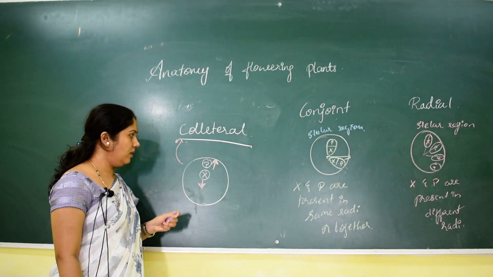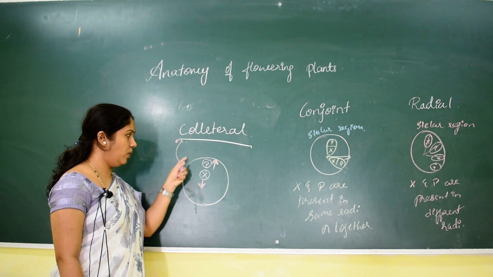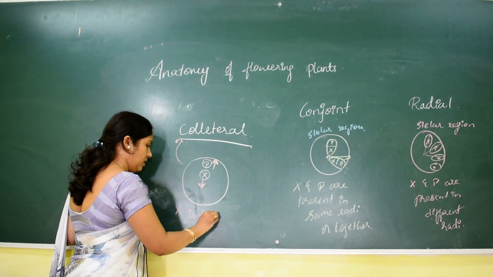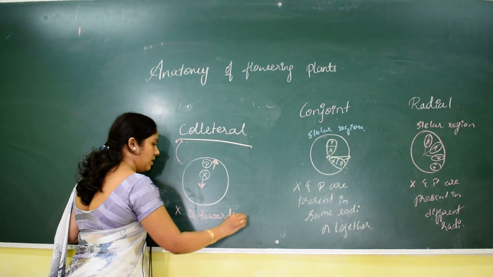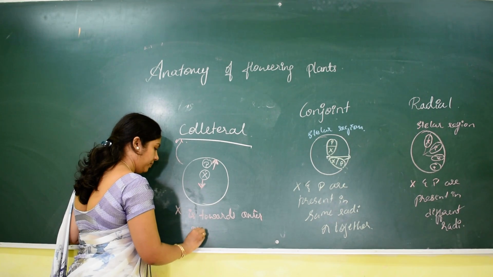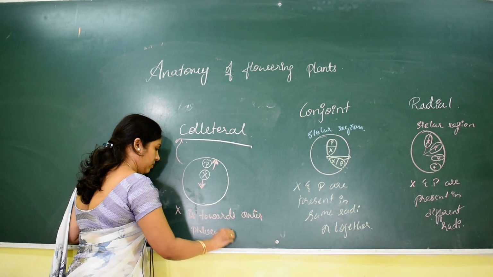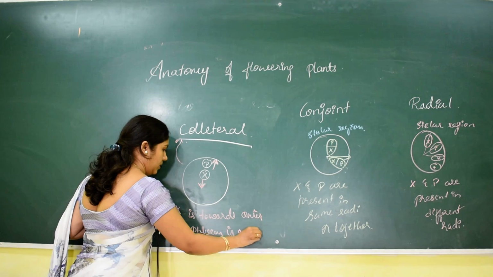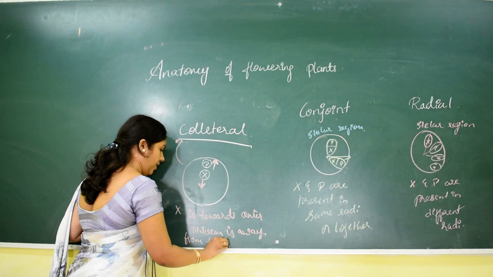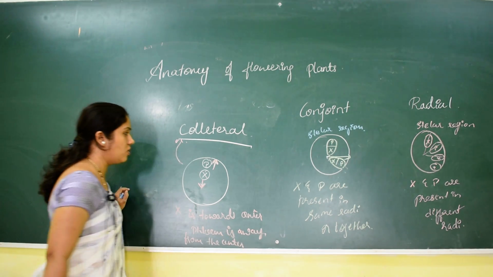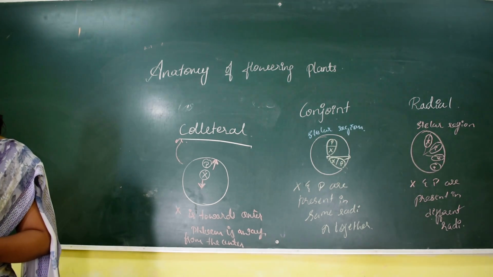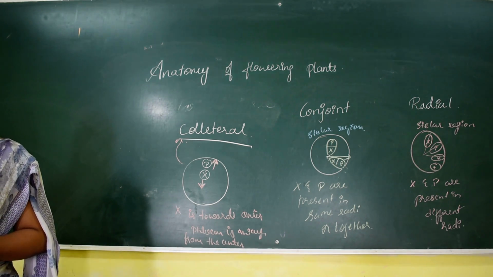So collateral is a type where the xylem is towards the center and the phloem is away from the center. Away from the center, you can also term it as towards the periphery. It is one and the same.